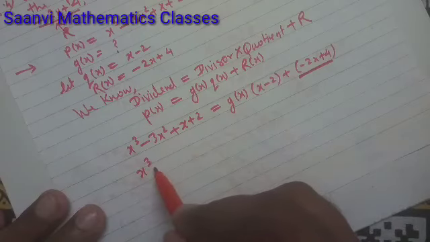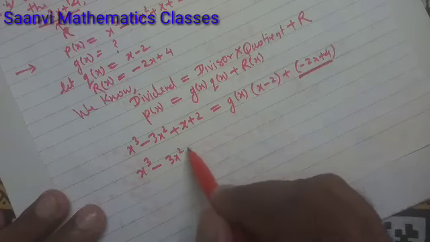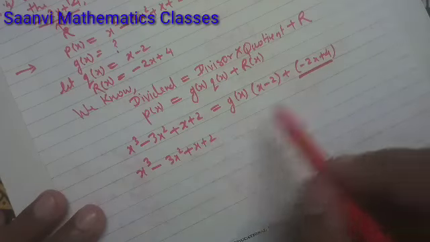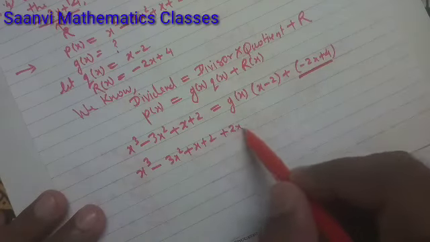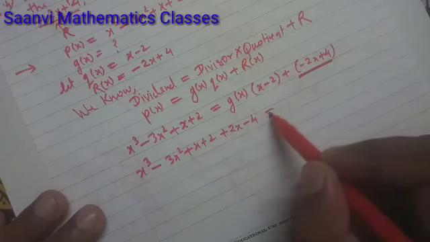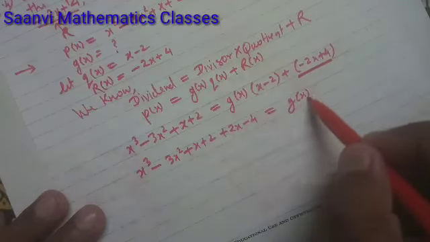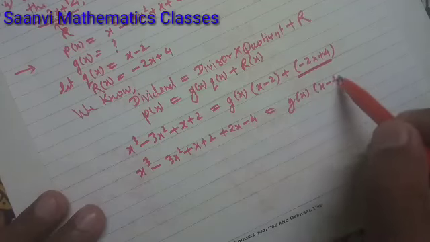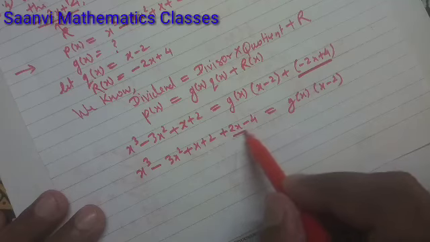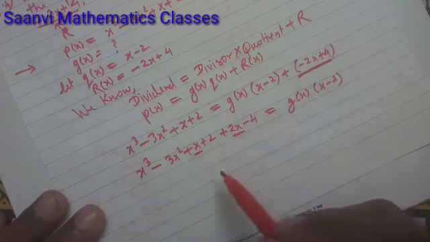So let me do it. It's x cube minus 3x square plus x plus 2. When I'm transposing, this becomes plus 2x, and plus 4 becomes minus 4, is equal to your polynomial g of x into x minus 2. This is a term of x, and this is also a term of x.